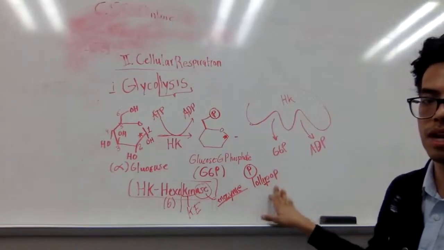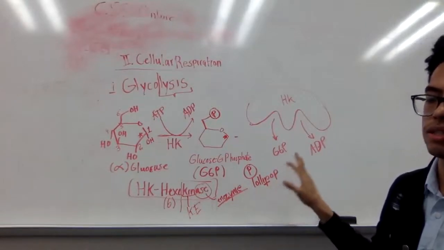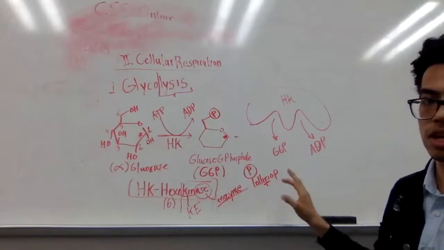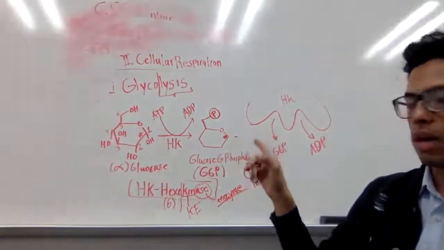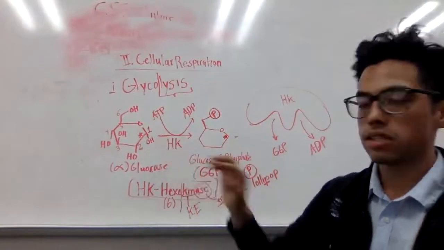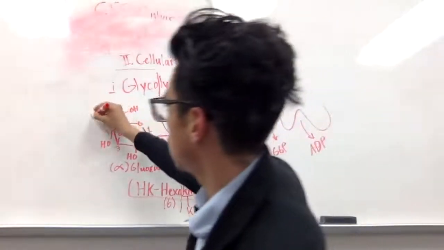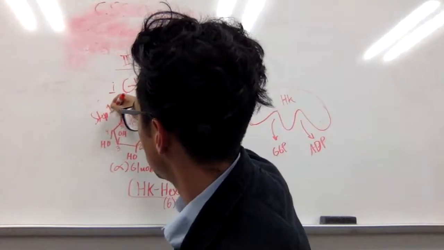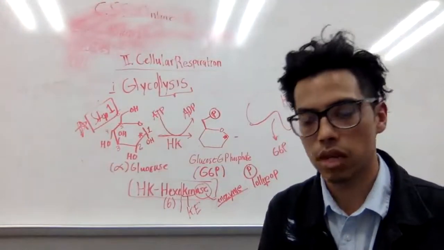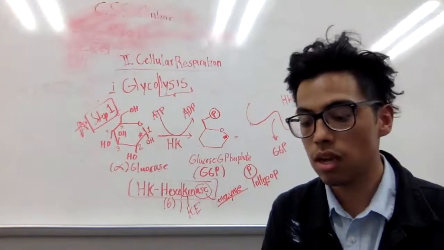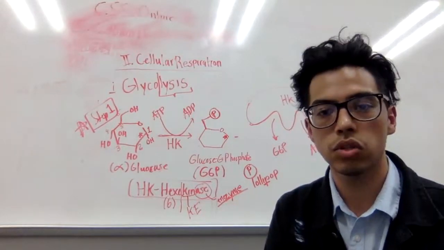Every one of these steps is going to have an enzyme, and two molecules on either side. The only ones you really have to know, and that's why I wanted to come back and talk about this, is step 1. Step 1 is very important because it's the first step, obviously, and it's usually tested.